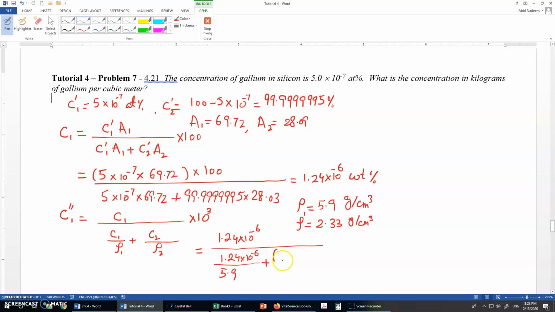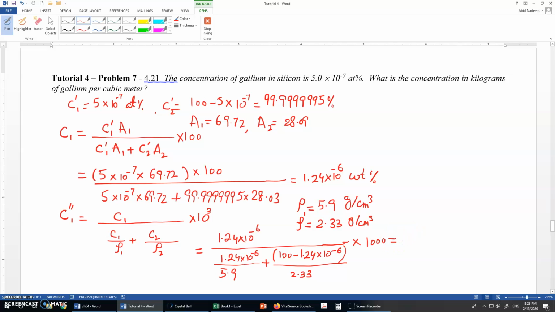Because this is in percentage, instead of 1 you will take 100 minus 1.24 × 10^-6, and then divided by the density, which is 2.33 gram per cubic centimeter, and then multiplied by 10^3 or 1000 to convert it into kilogram per cubic meter.